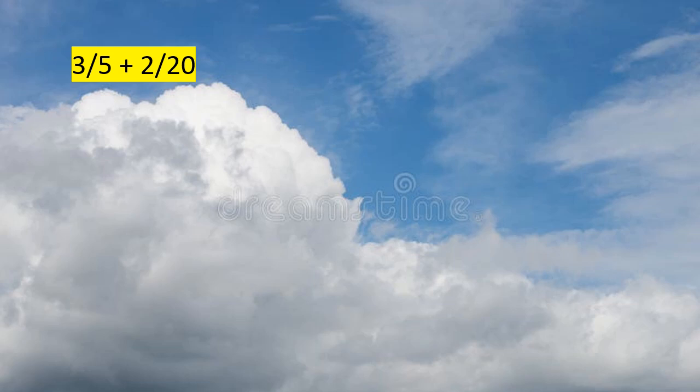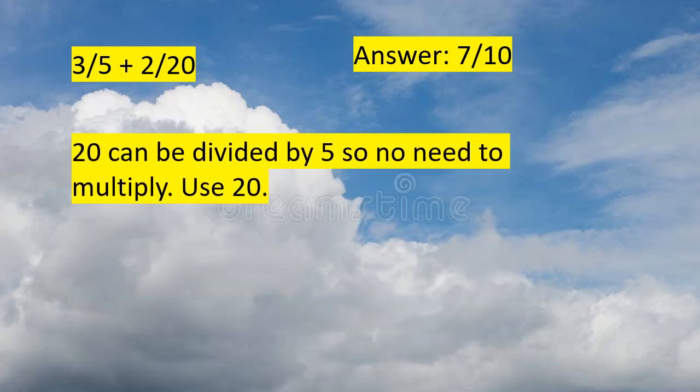And the next one, which is the last one, 3 by 5 plus 2 by 20. And the answer is 7 by 10. 20 can be divided by 5, so no need to multiply.